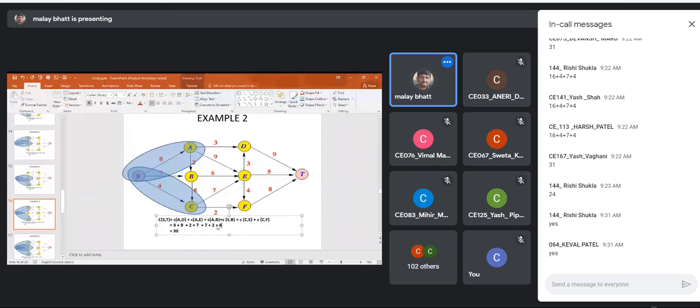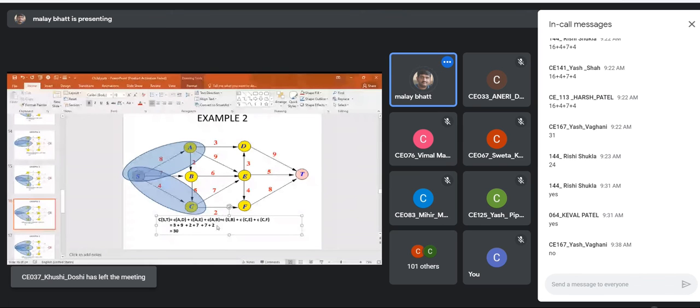So B to E will not be considered. So 3, 9, and 2, that is from A, right? From B, it will not be considered because B is in the other group. Now from S to B, it is 7. Now from C, it should be E and F, so 7 and 2. So it is fine, 30. Clear? Because B is in the other group.